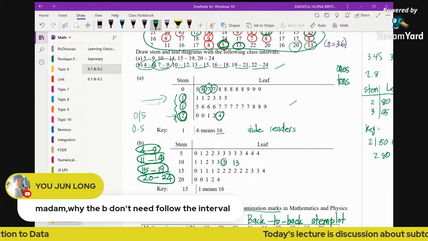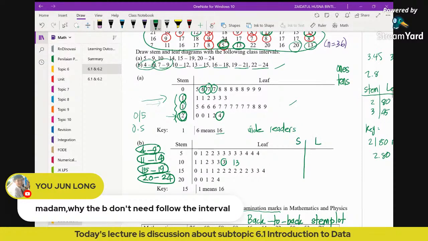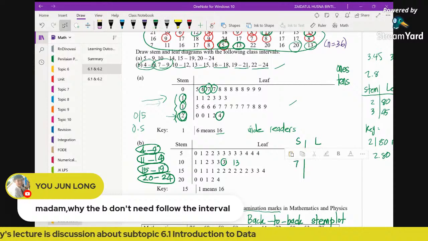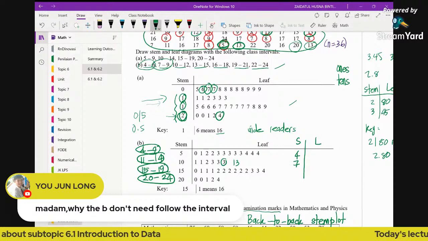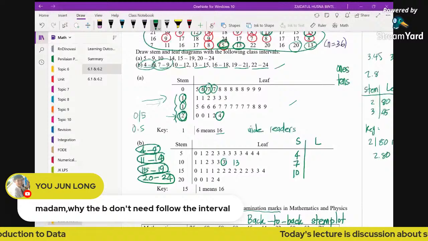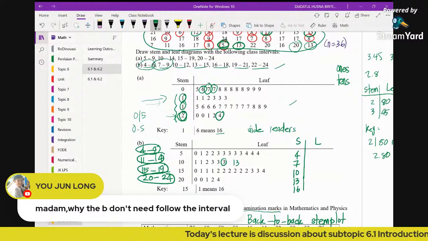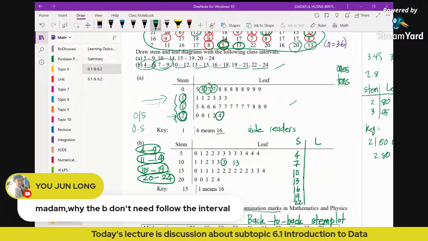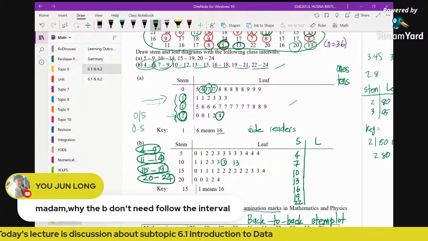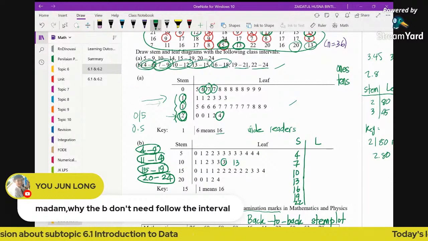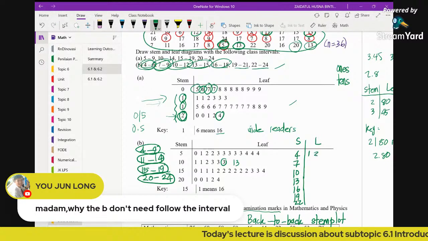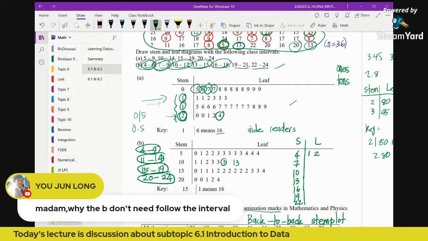So for the stem and leaf, we put 4, 7, 10, 13, and then 16, 19, and 22, if you just want to follow exactly the intervals here. So for example, to represent the data 5 here, we just put 1, and then 6 here, we just put 2, and so on and so forth. For the data 11 here, because 11 falls into this interval, we just put 10 and 1.